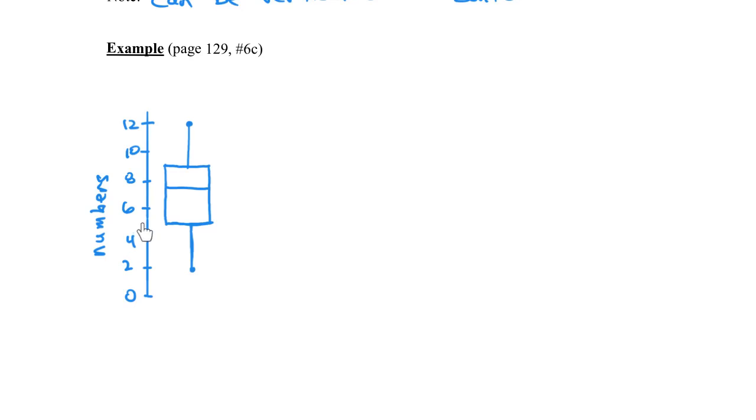These are like numbers of credits or something like that, so we put that here. And then we need a title also, so we could just call it problem 6 numbers, because of course, again, this is just made up. So this is how we would draw this box and whisker plot.